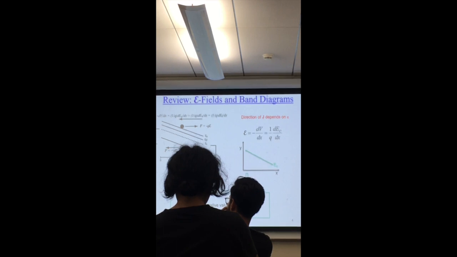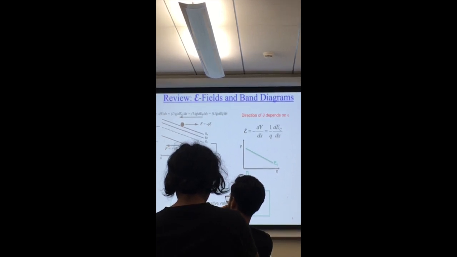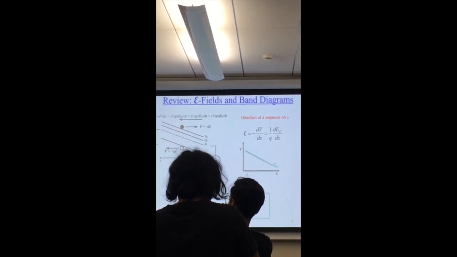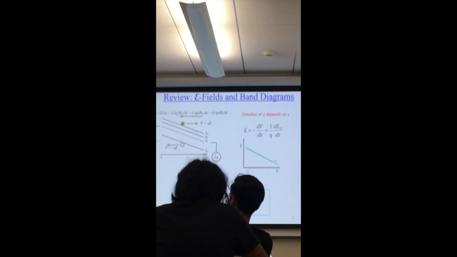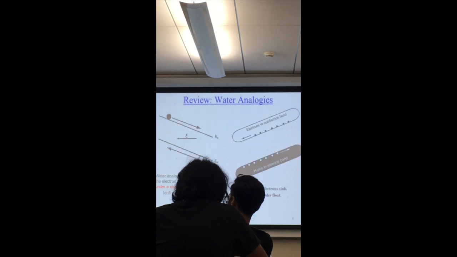If EC is tilted like this, then this is a negative slope, and it means the electric field is along the negative x direction. Of course, if it is tilted in the opposite way, then the electric field will be pointing to the right.